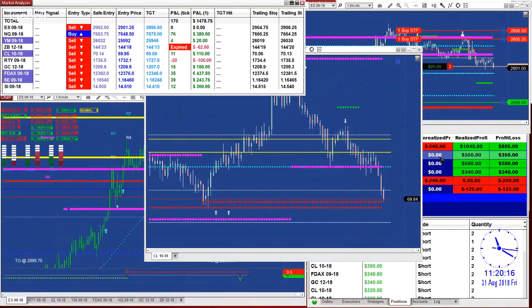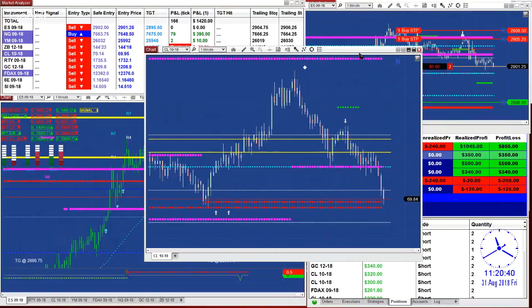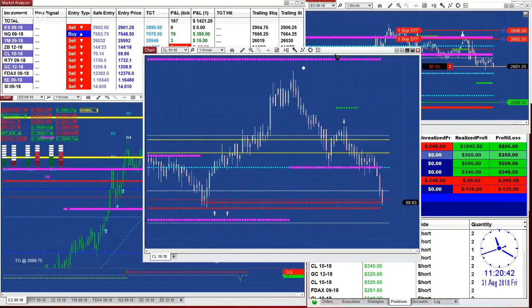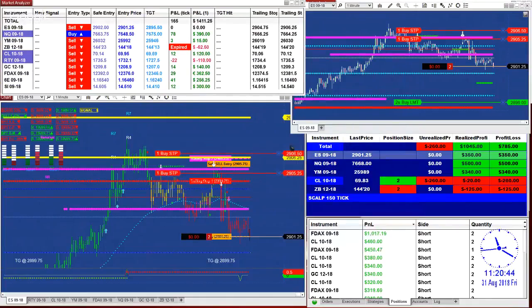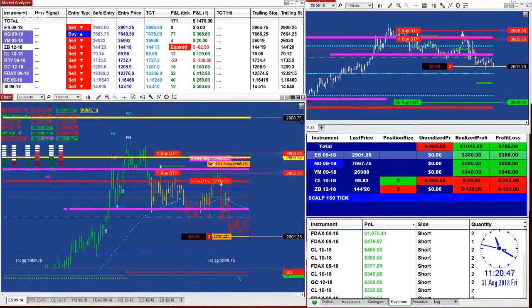And it stopped. Stopped like a clock. Let's go back on the ES. So we know it was a genuine trade on the CL. And we don't know how far it's going to go, but I'll keep my eye on it.